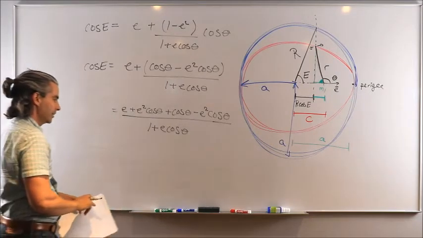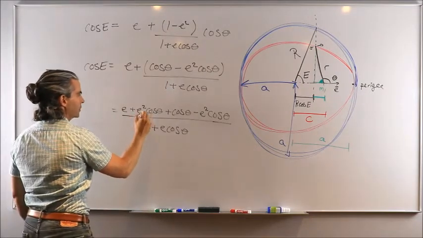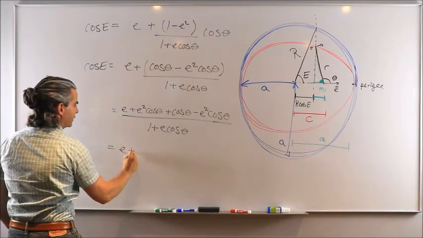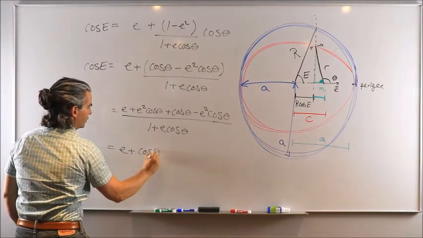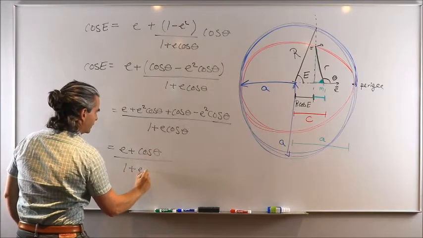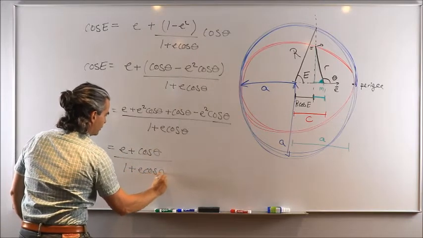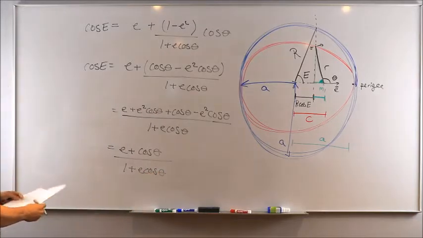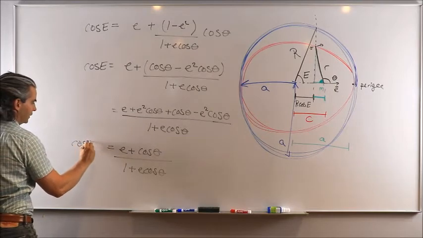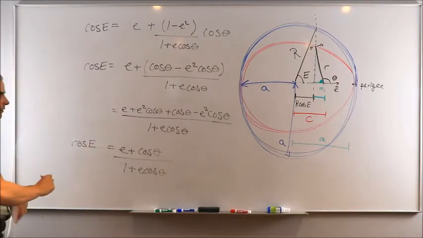That's convenient because now we can cancel the E squared cos theta terms, to rewrite that as E plus cos of our true anomaly over 1 plus E cos true anomaly. And all this was for cos eccentric anomaly.